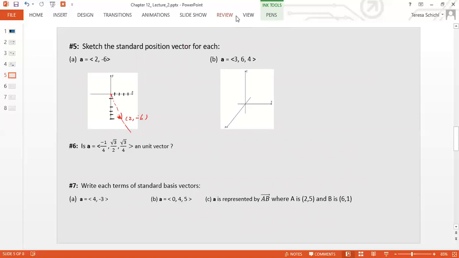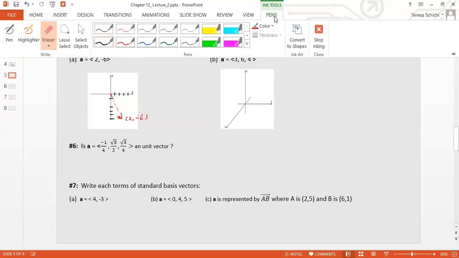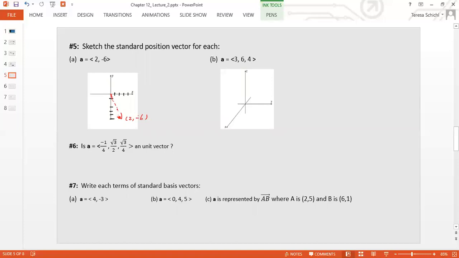Here, this is my vector, with the direction arrow, going to 2, -6. This is my vector, and I bolded it. A.